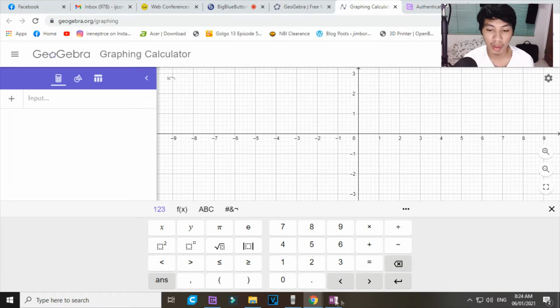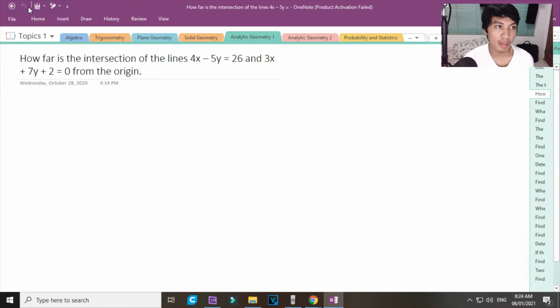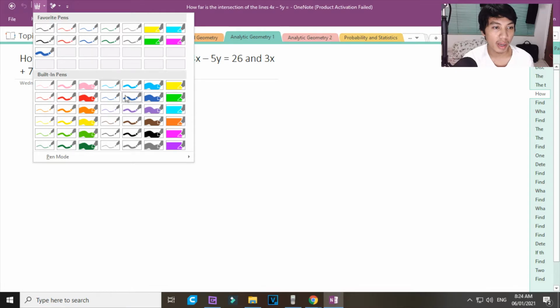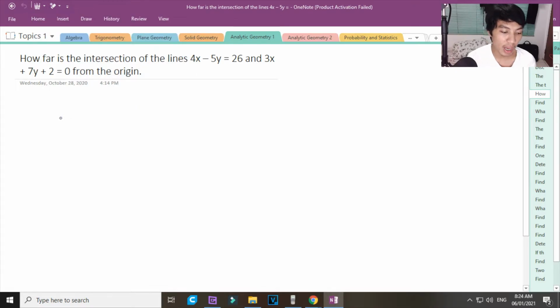Okay? Meron akong karagdagan pala dyan. Para malaman nyo, may karagdagan tayong kaalaman. If your line, tandaan mo, if your line is leaning to the right, the slope here is positive. If your line is leaning to the left, M is negative.